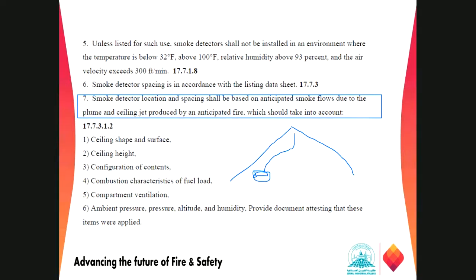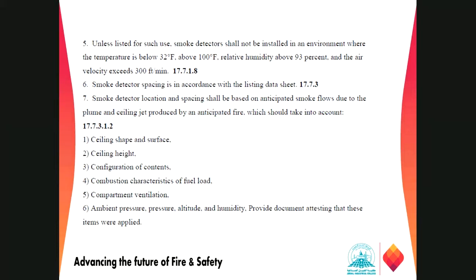So those kinds of arrangements we have to make sure of. Keep in mind the ceiling shape and surface, ceiling height, configuration of the contents, combustible characteristics of the fuel load, compartment ventilation, and ambient pressure, altitude, humidity, and all those physical parameters.